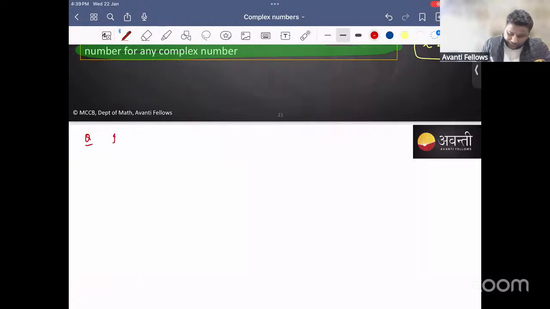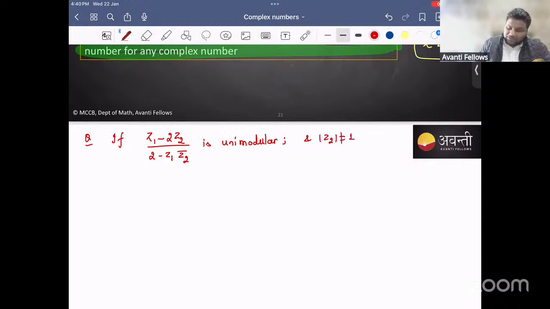If (z1 minus 2z2) upon (2 minus z1 z2 bar) is unimodular, and magnitude of z2 is not 1, then find magnitude of z1. I repeat the question.